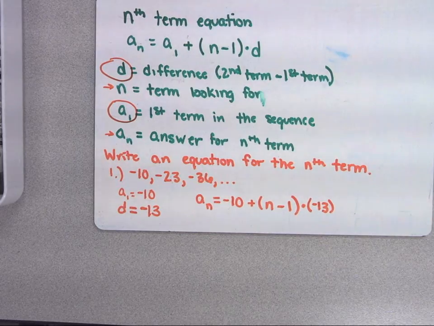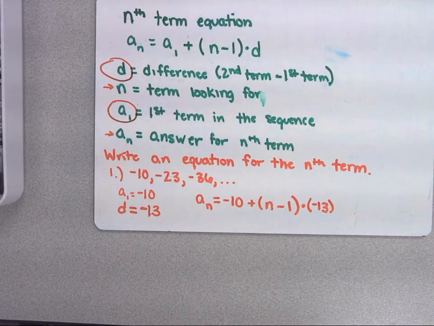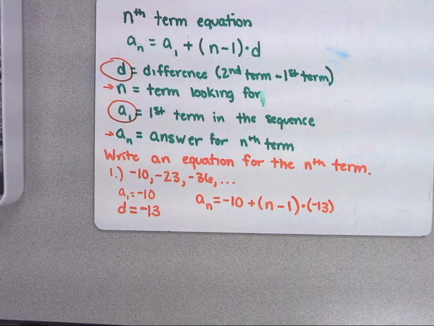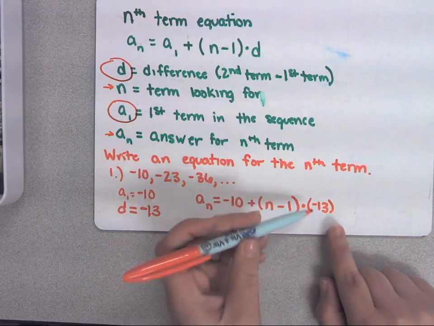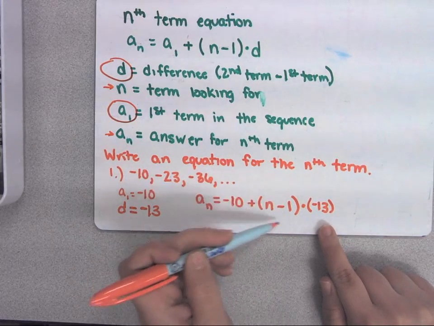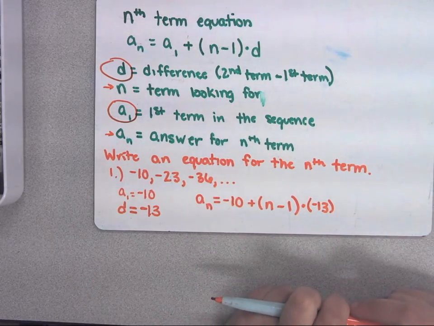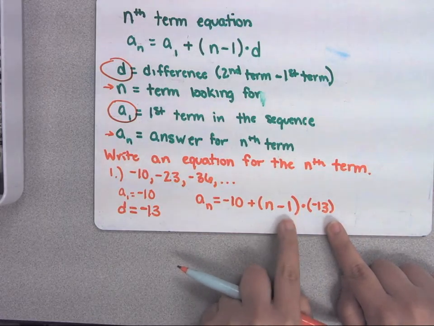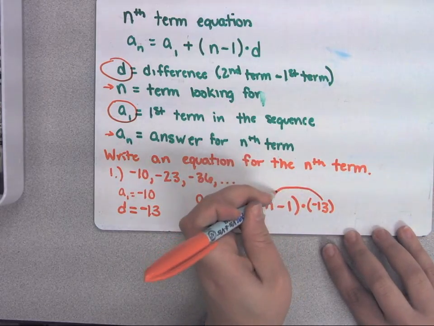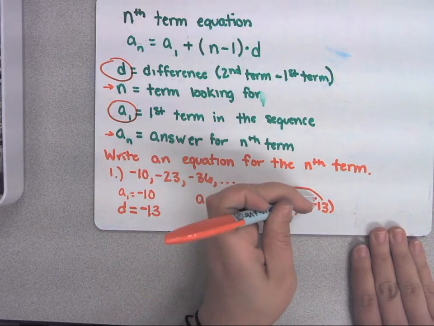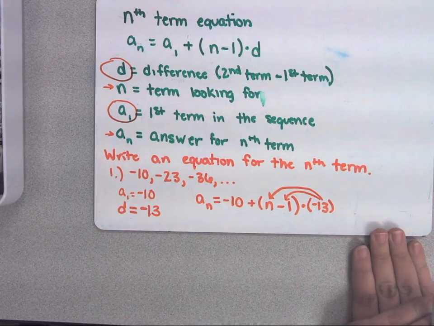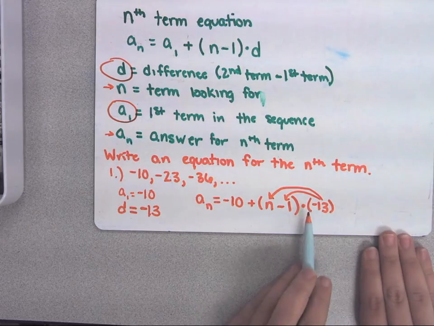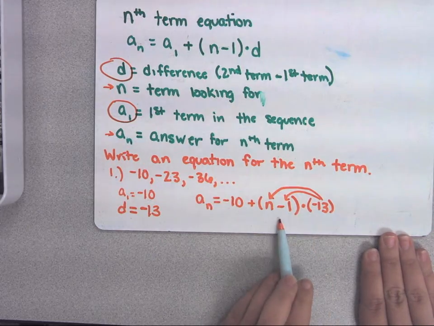So this is an equation, but it's got a lot of parentheses and stuff in it. So is it a simplified equation? No, we want to simplify it. That's all we need to do. This negative 13 is being multiplied by everything in here. So what do we do to multiply this by everything in here? Distribute it. We're going to take negative 13 times n, negative 13 times negative 1.